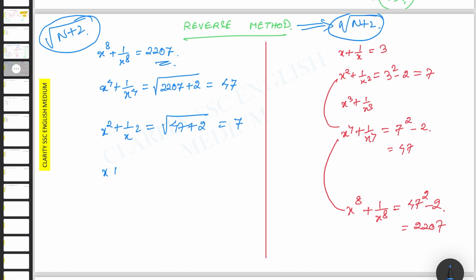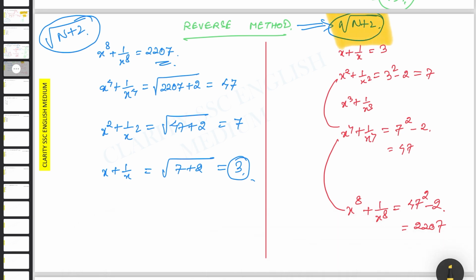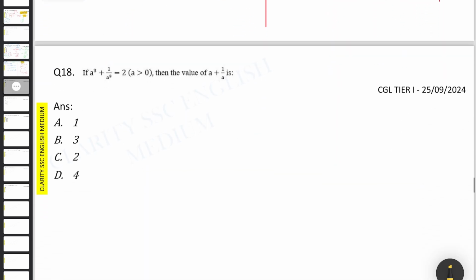And x plus 1 by x is root over 7 plus 2, which is equal to 3. We are just reversing the concept. If we have to find the reverse for the square, power 4 and power 8, don't forget root over n plus 2 is the key here. Let me highlight this: root over n plus 2. Let's see some questions and you'll get it.